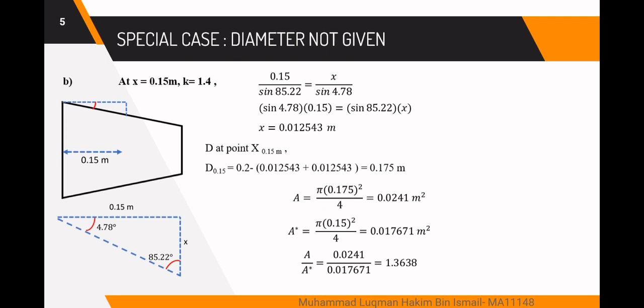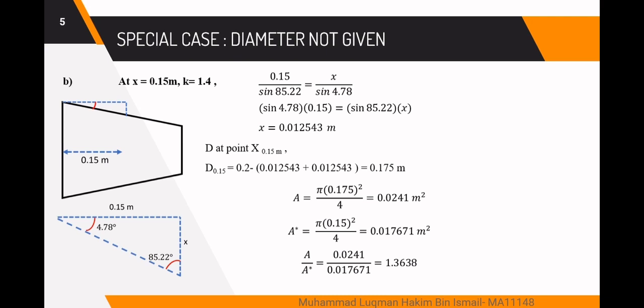It must be noted that x does not represent the total diameter, so we need to find the diameter at 0.15 meter by subtracting from 0.2, which is the initial diameter, 2 times x because there are two sides, and we get the diameter at 0.15 equal to 0.175 meter.